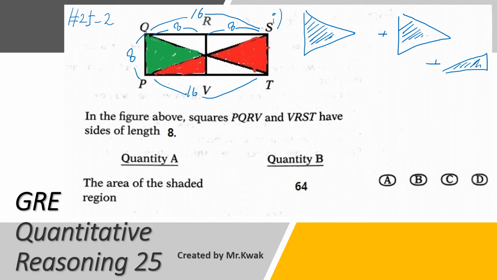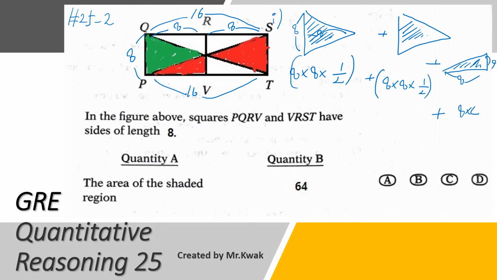In that case, 8 multiplied by 8, divided by 2, plus, open parenthesis, 8 multiplied by 8, divided by 2. Is that correct? Yes. And then 8, and it was 4. 8 multiplied by 4, divided by 2. Is that correct? Yes, right.